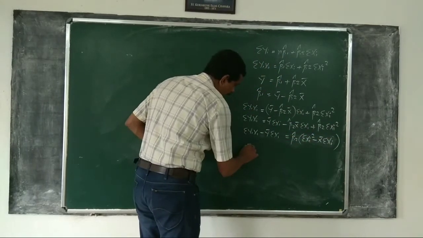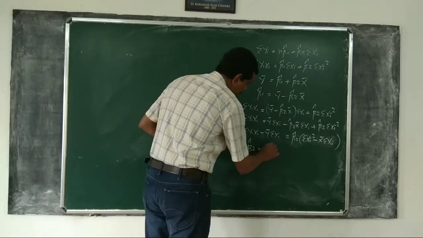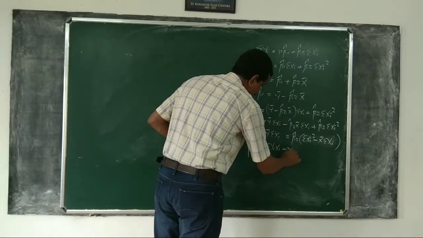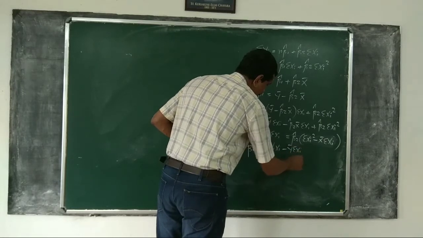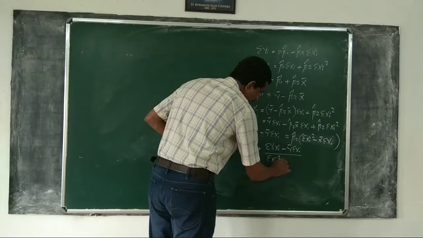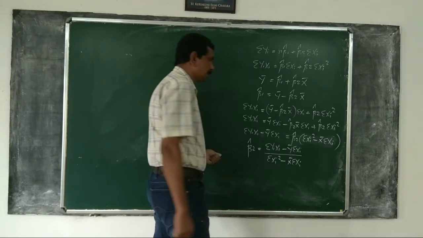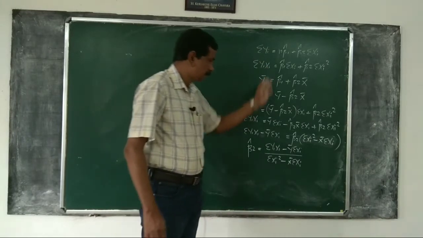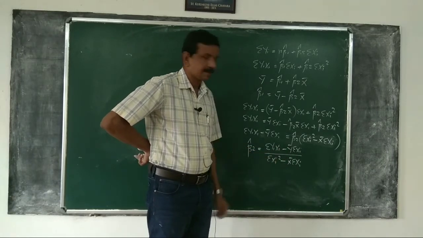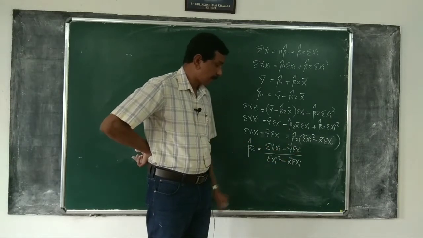Now, what is beta 2 hat? Beta 2 hat is equal to sigma yi xi minus y bar into sigma xi, divided by sigma xi square minus x bar into sigma xi. And as I told you, this is one expression for the expansion, sigma of x minus x bar into y minus y bar.